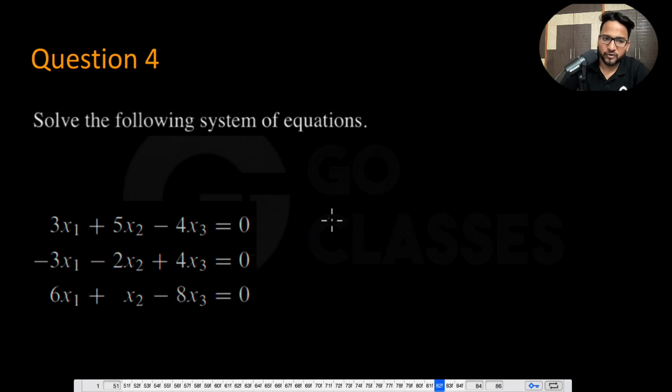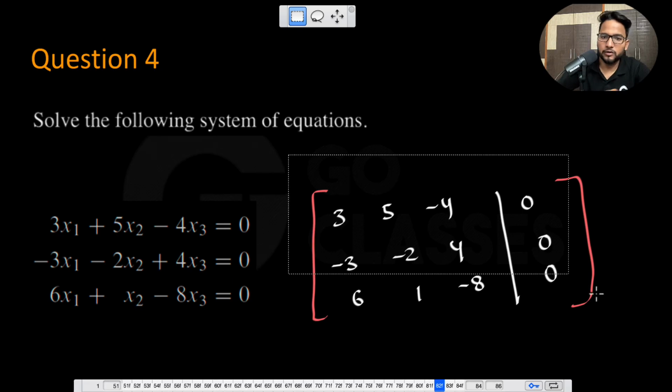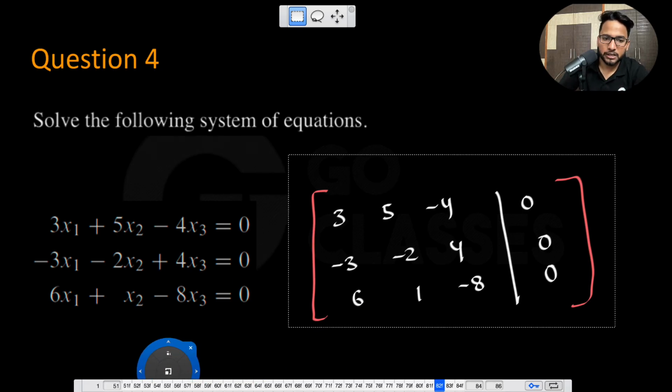Let's solve these set of equations. Here, if you want, you can pause this video and solve this question. So let's try solving it. It is 3 5 minus 4, and then this is 0, this is minus 3 minus 2 plus 4, this is 0, 6 1 minus 8, and then this is 0. Now let's make a few of the values 0 below this 3, right?